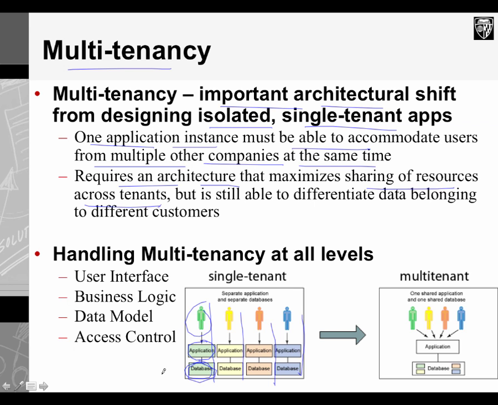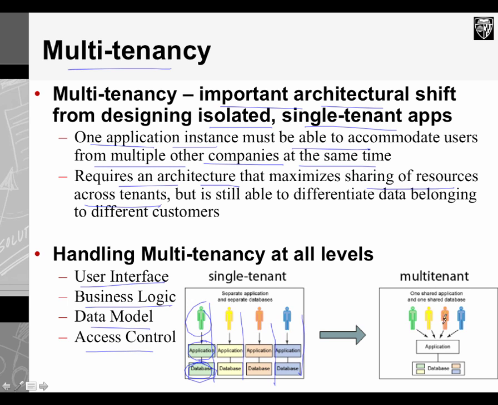So when you're building a SaaS application, multi-tenancy becomes important, and you have to handle multi-tenancy at many different levels. You have to handle it at the user interface level, the business logic level, the data model level, and also at the access control level.